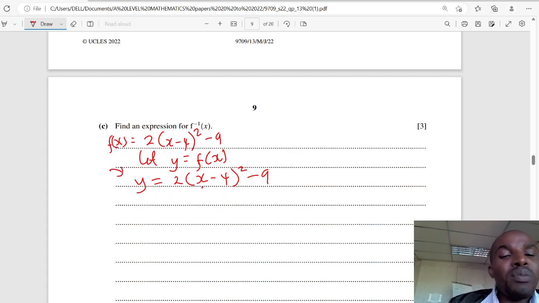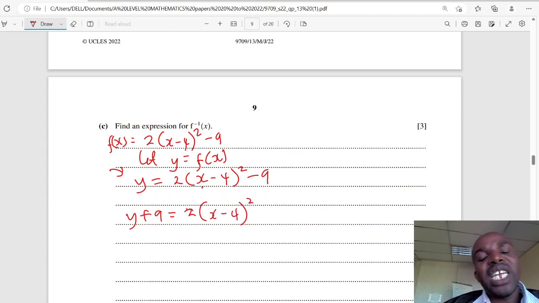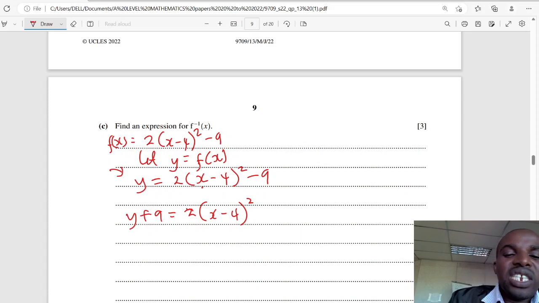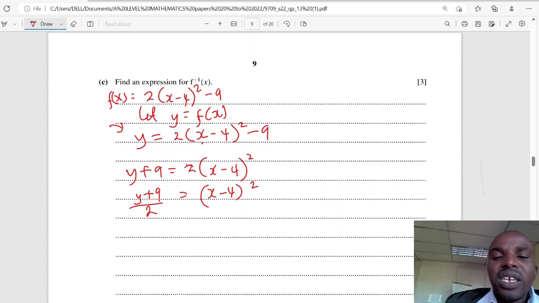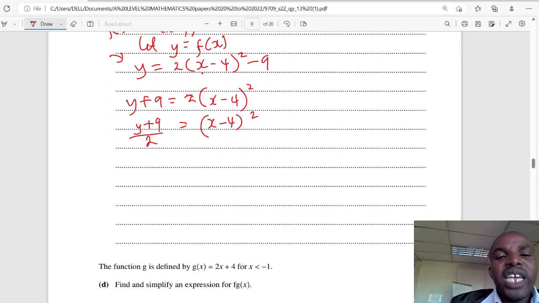So in this case, you are making x the subject, right? So it will be y plus 9 equals 2, then x minus 4 squared. Then you divide by 2. Get rid of everything that is outside the bracket first, right? So now we have to deal with 2. So it will be y plus 9 over 2 equals x minus 4 squared. Then you do the square now. You put square root on both sides.